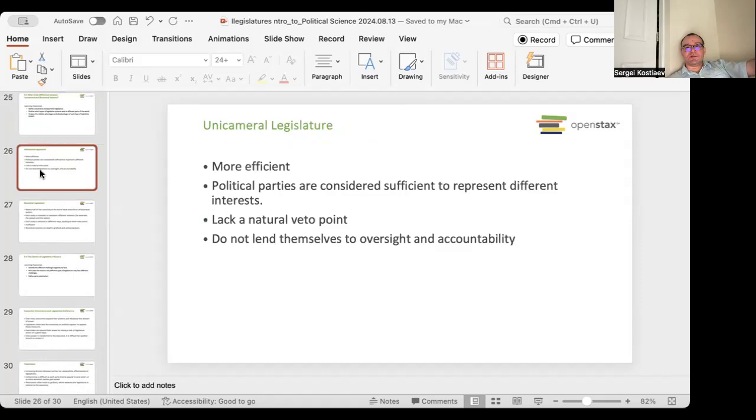In some countries, usually in a unitary system, remember there are two kinds of countries in terms of how they organize their territories. There are federations like United States or Germany, where they have regional governments which are elected by people. And in that case, those countries usually have bicameral legislatures. In countries where regional governments are not elected by people, like France, well, for instance, an exception, they have bicameral legislature, but usually if country is unitary, if regional governments are not elected, they have unicameral legislature.